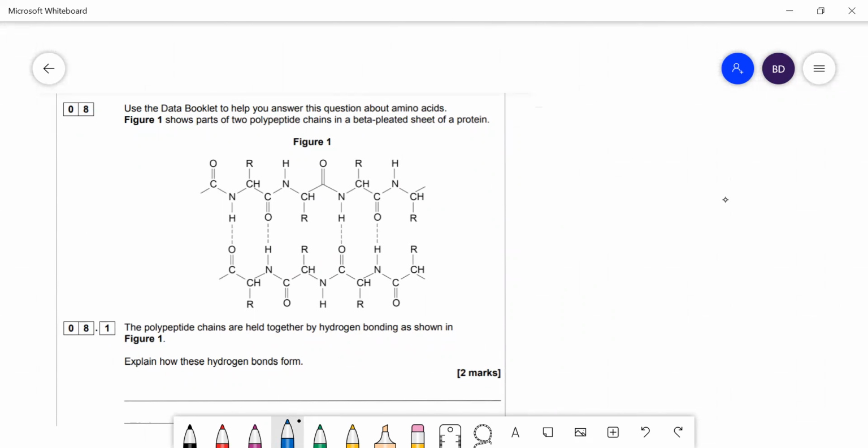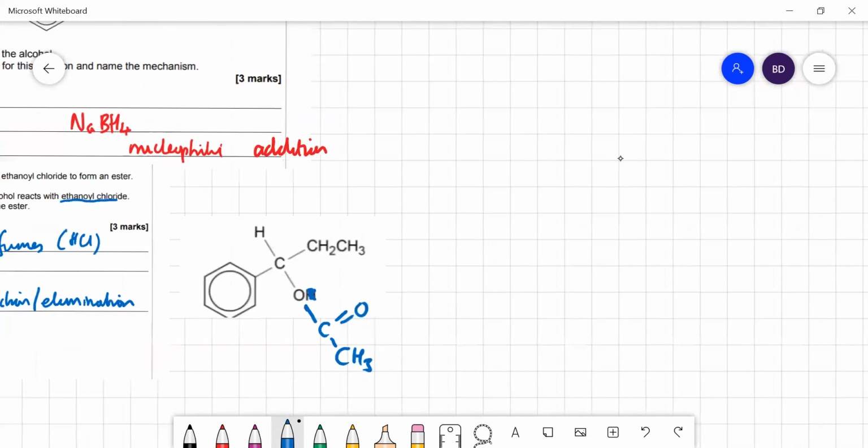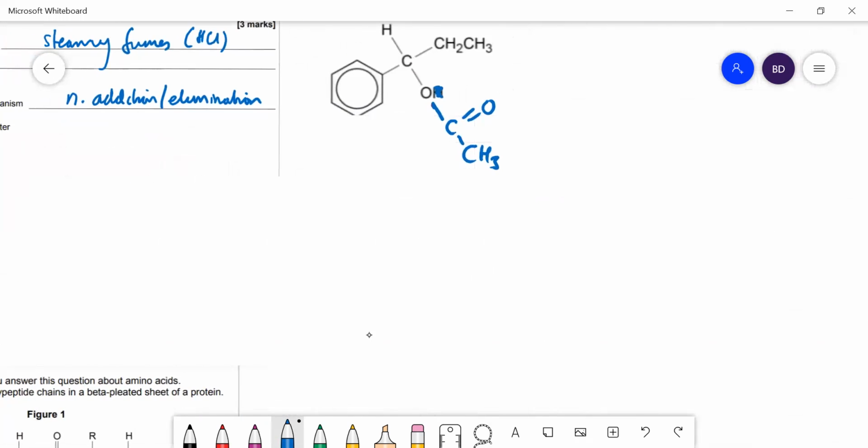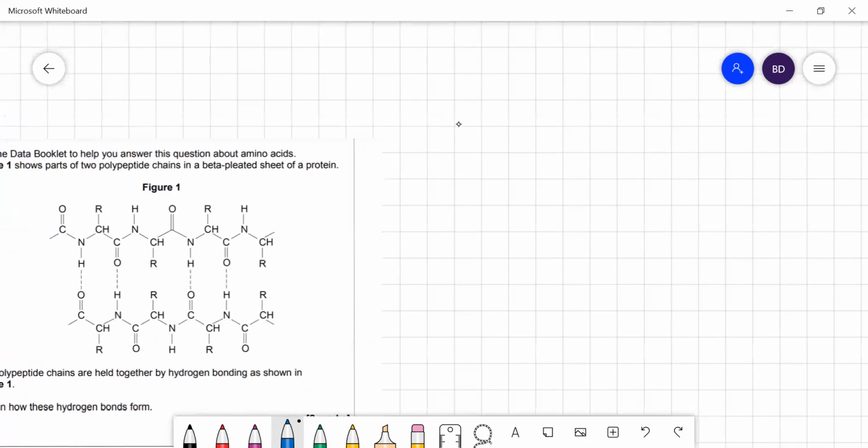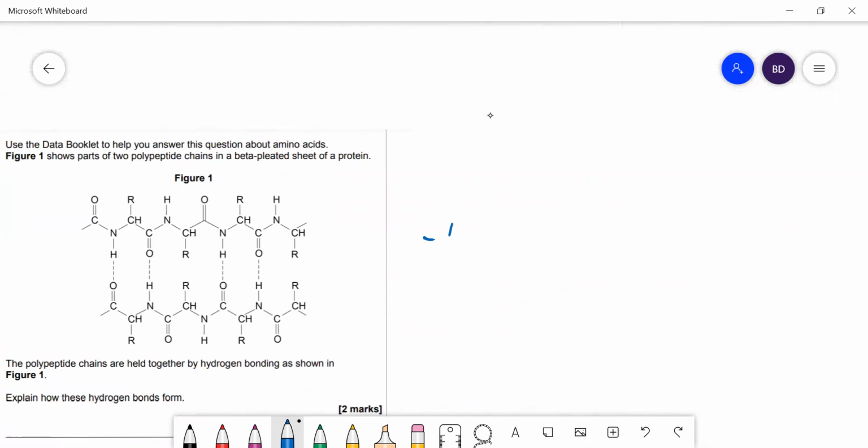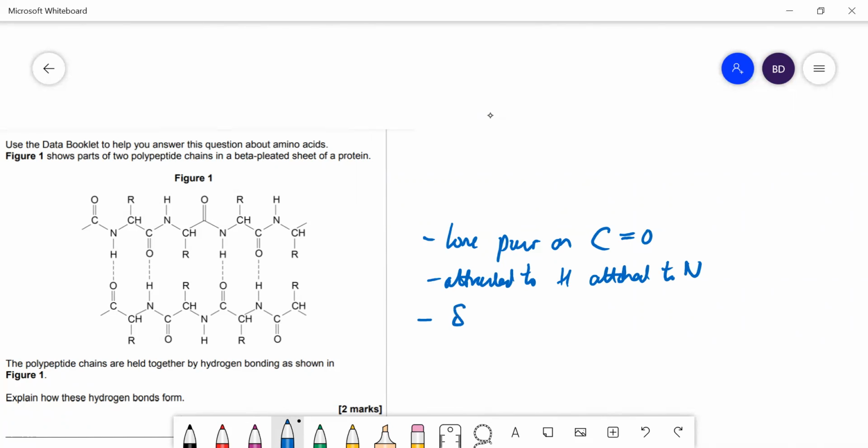Well, that's really just a year 12 question on intermolecular forces. So you're looking for 2 marks, you'd say the lone pair on the carbonyl oxygen is attracted to the H attached to the nitrogen, which has a partial positive charge on it.